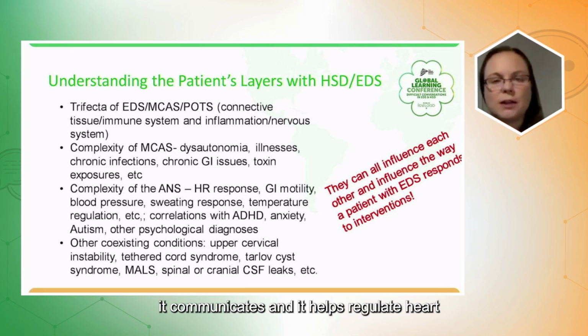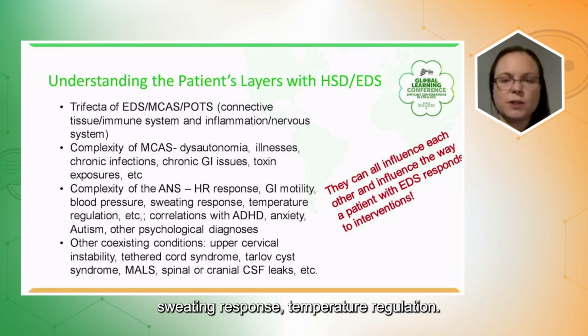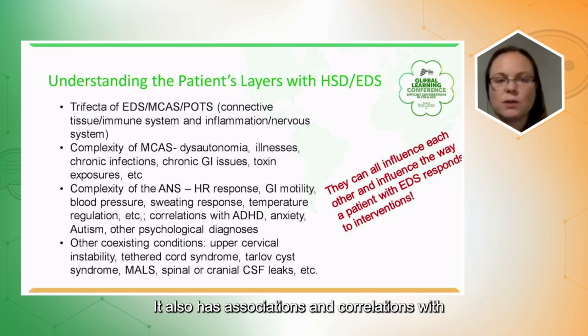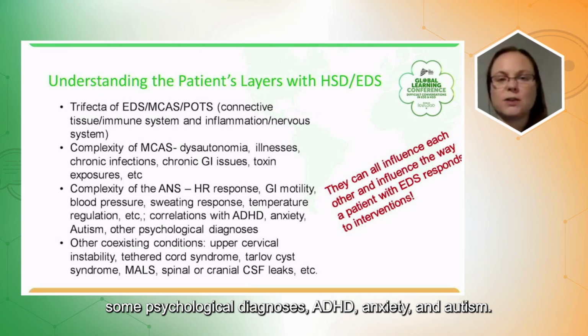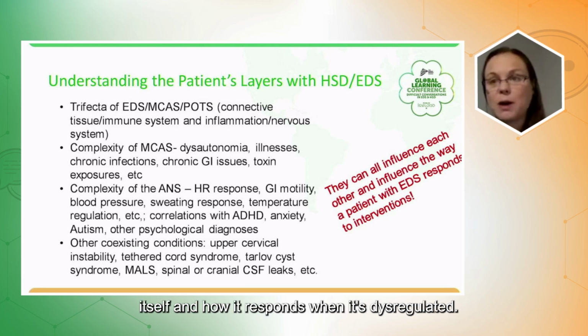It communicates and it helps regulate heart rate response, GI motility, blood pressure, sweating response, temperature regulation. It also has associations and correlations with some psychological diagnoses: ADHD, anxiety, and autism. So again, a very complicated system in and of itself and how it responds when it's dysregulated.